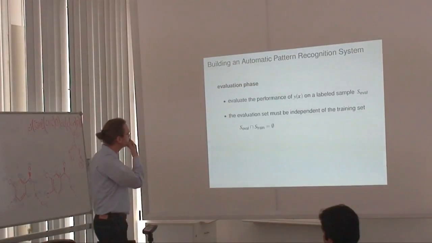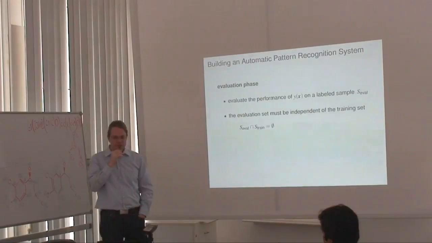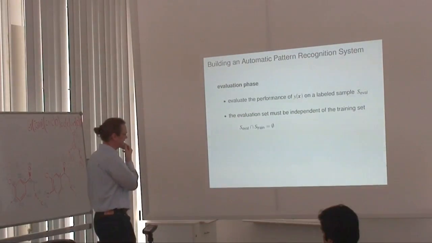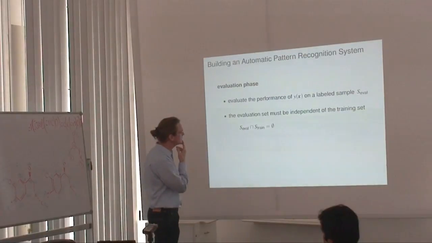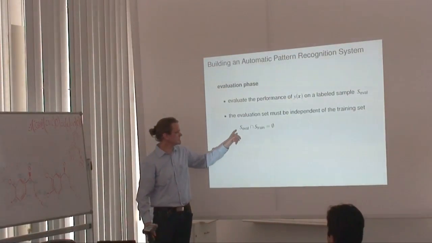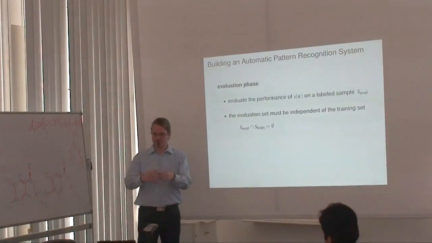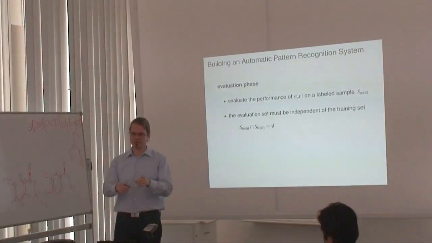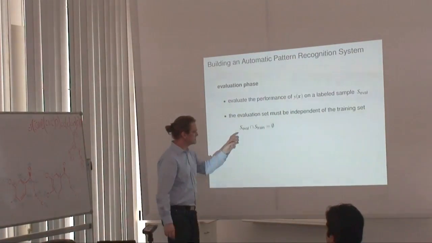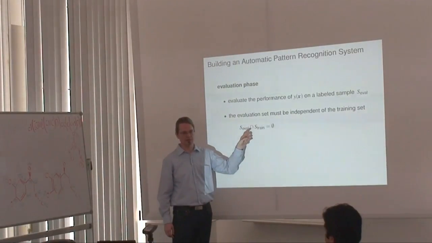Typically, in order to do this correctly, we would require that the data set on which we evaluate the performance of the classifier we trained in the previous step is disjoint from the set we used to train the classifier.